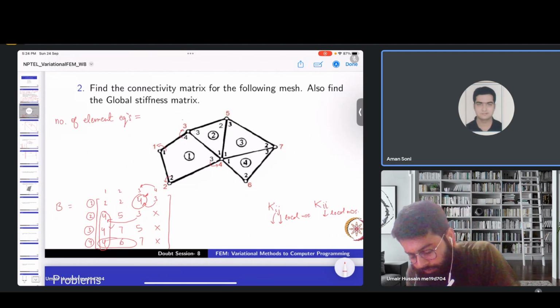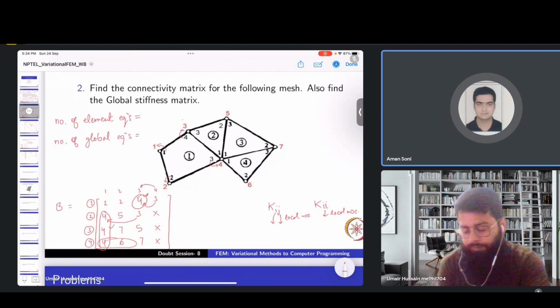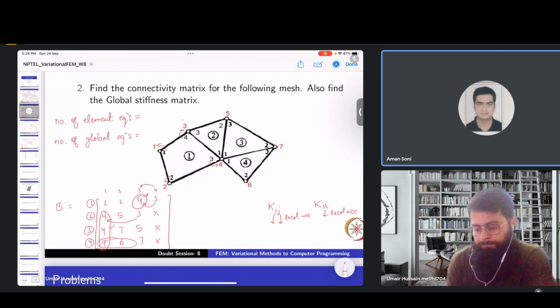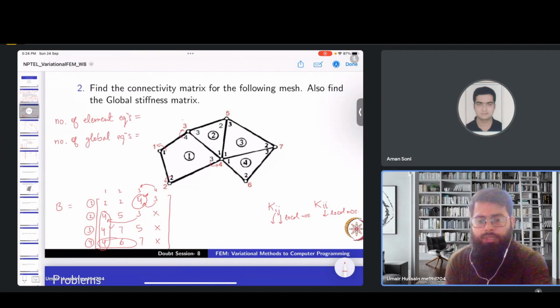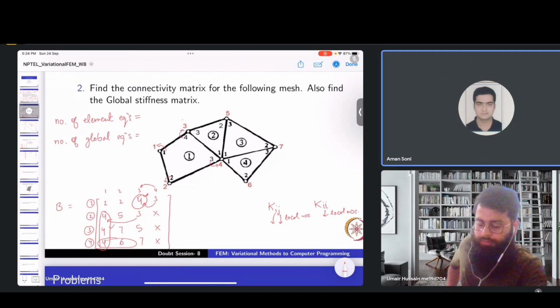The total number of element level equations should be the degrees of freedom for all these elements, and for globally, what should be the size.